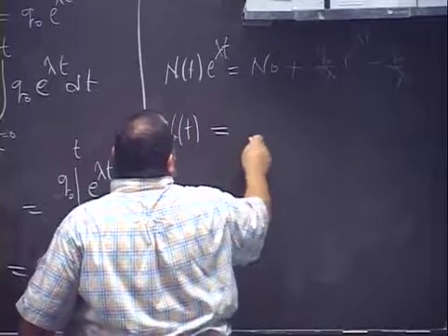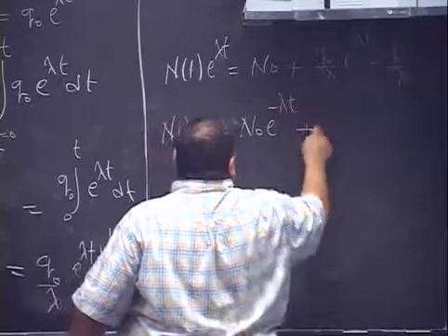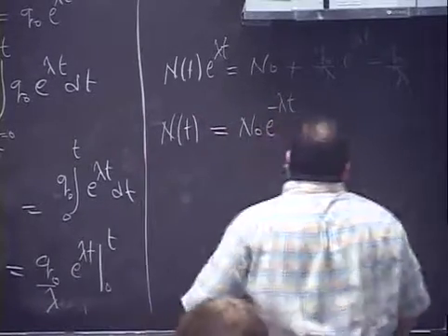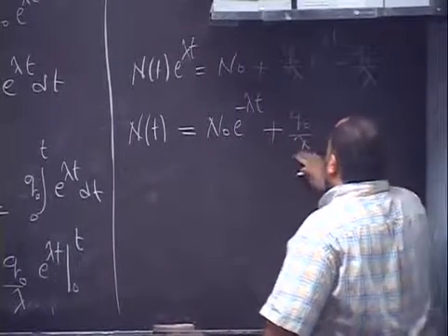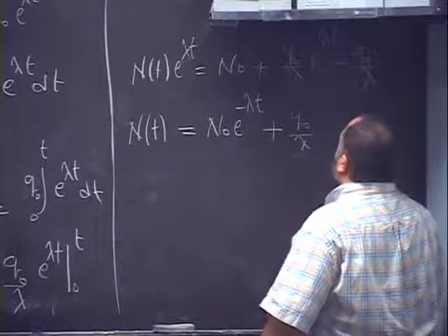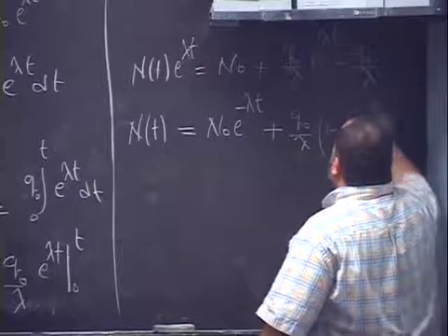So n of t will give you n naught e to the power of minus lambda t plus q naught over lambda multiplied by 1 minus e to the power of minus lambda t.